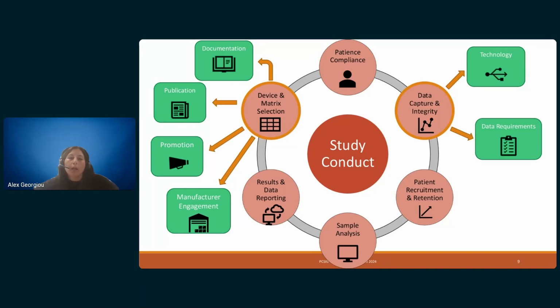So this could include variables like sample volume, patient choice, the patient population, because there might be certain devices that suit certain patient populations. There might be differences based on the therapy area and also the use of the data.